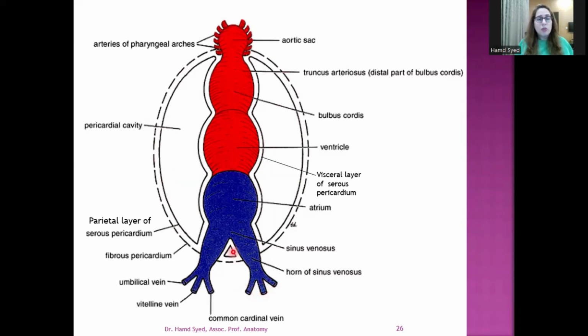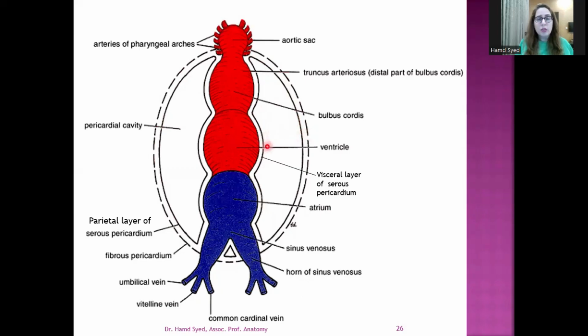So you can see over here that at the uppermost part of this heart tube is the aortic sac, from where the arteries are exiting which are going to enter the pharyngeal arches, so they're called the aortic arches. Now, the layer which is surrounding this heart tube, lining it, is the visceral layer of serous pericardium, also known as the epicardium, and it is continuous with the parietal layer of the serous pericardium.